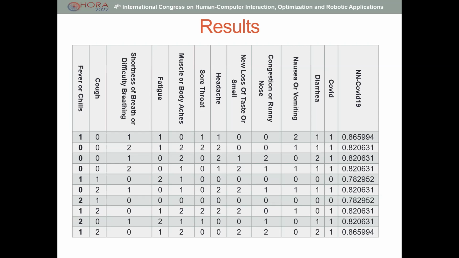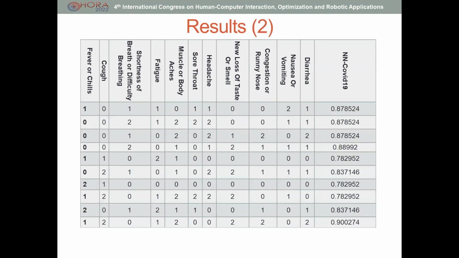Okay, and for COVID, we have 2 lines, COVID and NN COVID. COVID is the result from the health center, and NN COVID is from our system. This is for the training phase. This is for the testing phase.